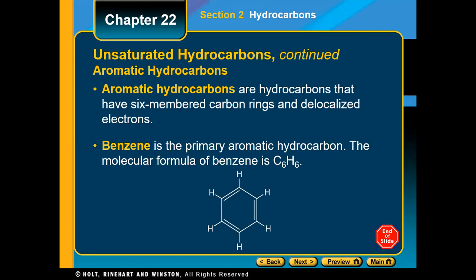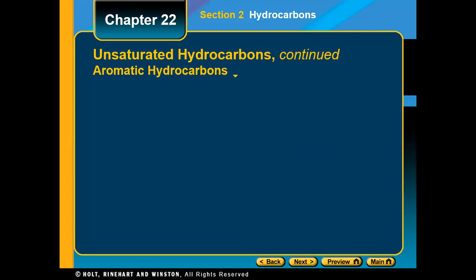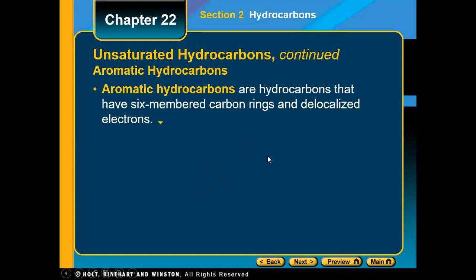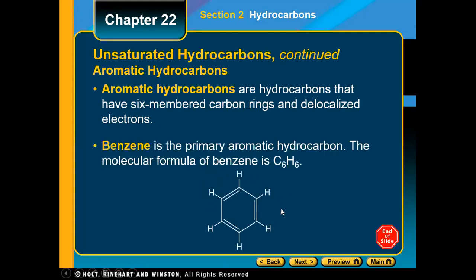Okay, what we have covered so far is just the aliphatic hydrocarbons. Now there is another set, the aromatic hydrocarbons. This one has a 6-carbon ring that looks just like this. This has a name, it is benzene.